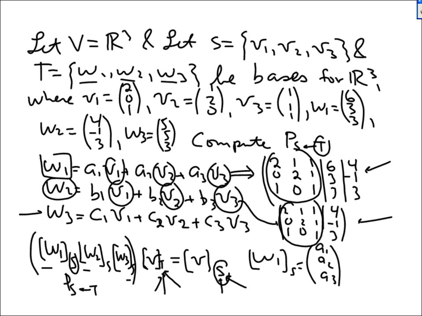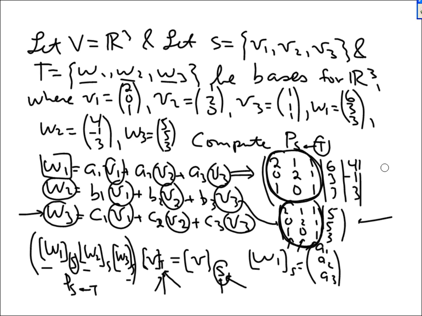Now, to solve this last system, you'd write down V1, V2, V3, and you would augment it with W3, which is 5, 5, 3. Well, again, you're already reducing this matrix, which is the same as this one. Why not just augment it with a third vector? 5, 5, 3.